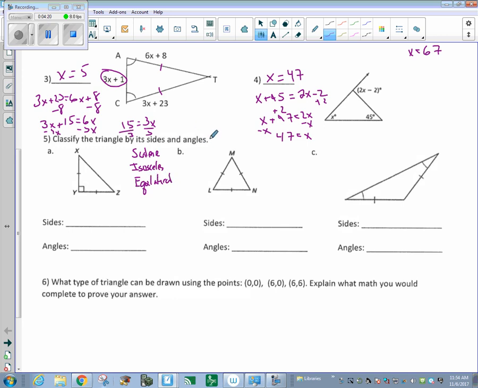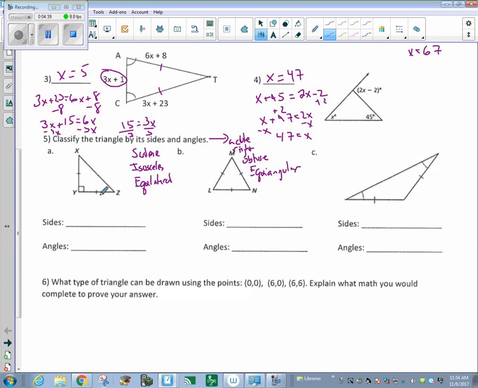And for angles, we have acute, right, obtuse, and equiangular. All right, those are my choices.